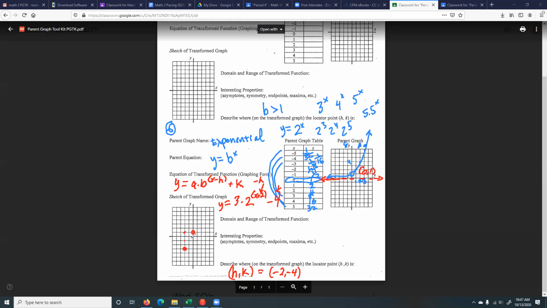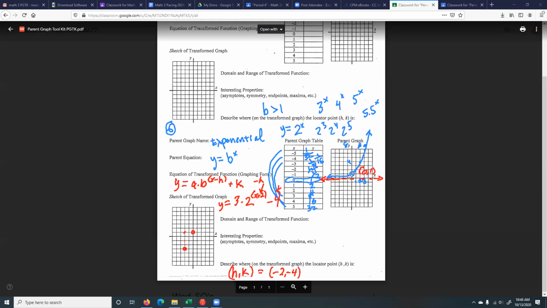Is that correct? Let me double check something. You know what? At negative 2, negative 4 is a point on my graph, right? That is actually a point on my graph.